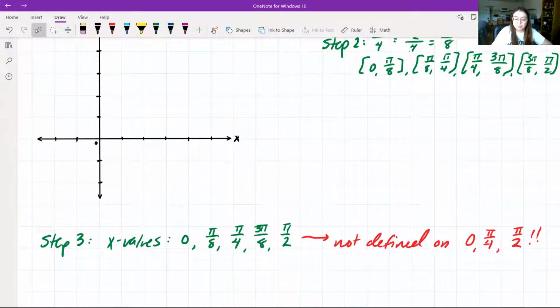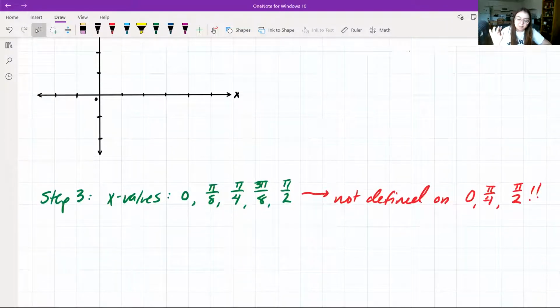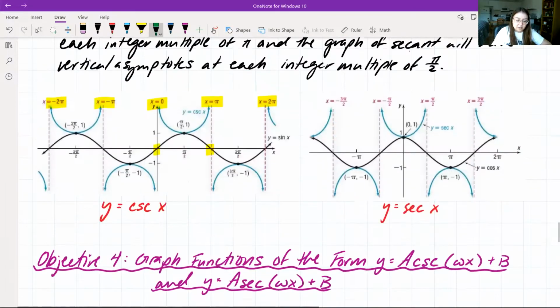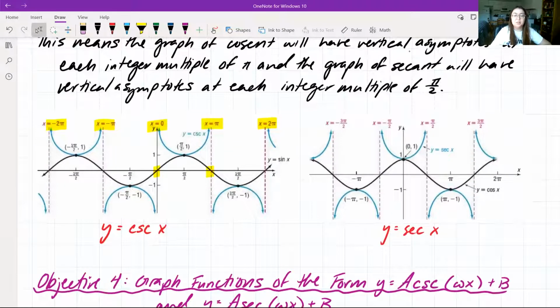So we see our functions are not going to be defined at 0, pi over 4, or pi over 2. So we already know that they're going to be undefined, so we won't use them in our key points. This only leaves 2 values left, but that's okay because as we see in our graph here, we only needed 2 to really represent those 2 different parabolas that will help us determine the range.